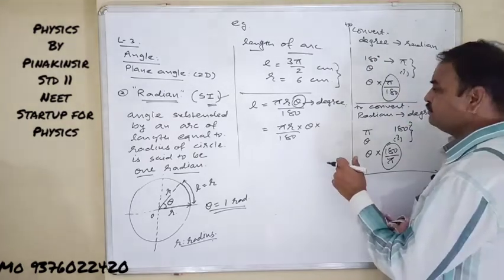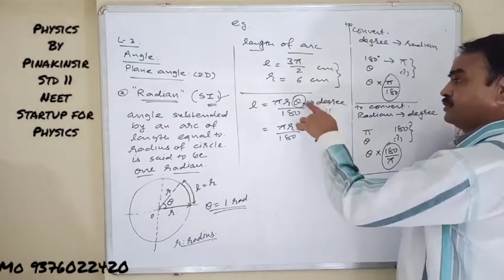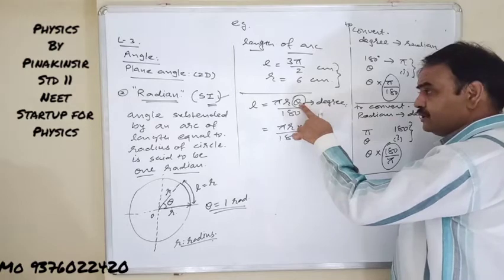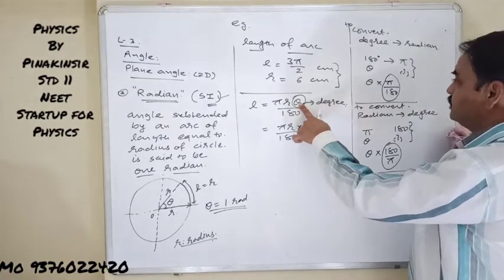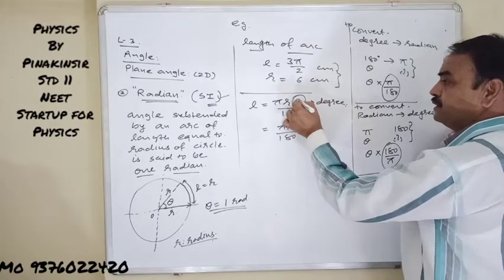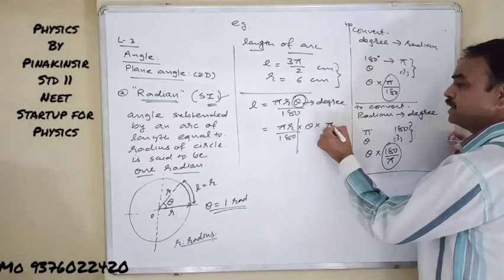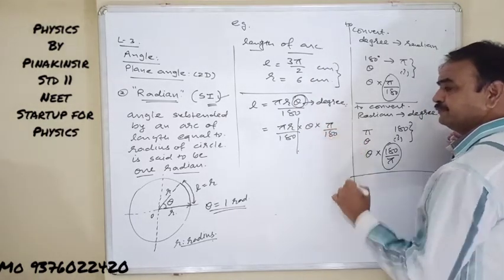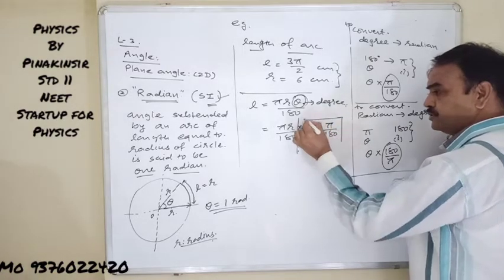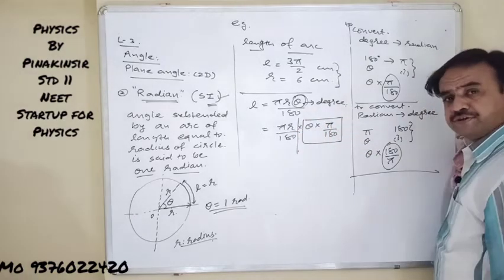This theta is in degree and we have to convert it into radian, and by substituting this, you will get the radian measurement.